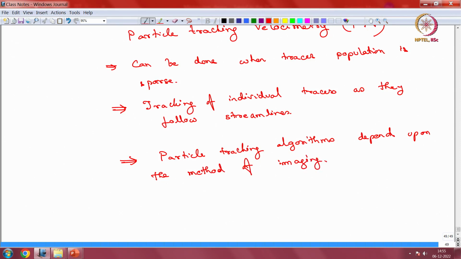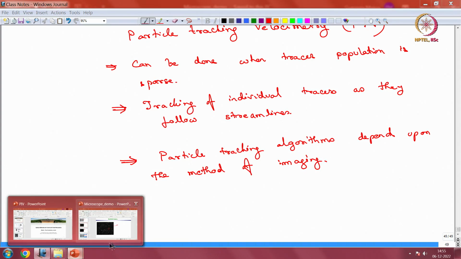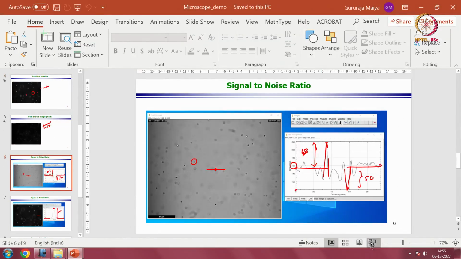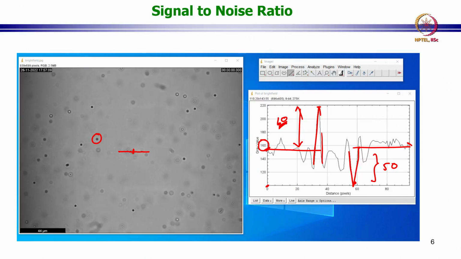What do I mean by that? Let's go back to these images here. If you recall, we had shown you this particular image, which was a bright field image, and we had seen that the particles here were exhibiting a hill or a valley in the intensity scale.